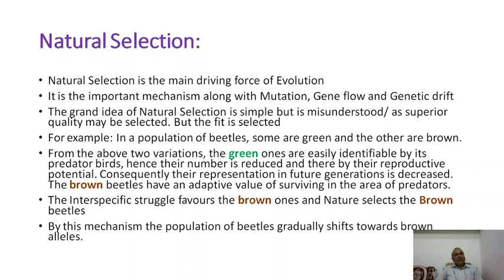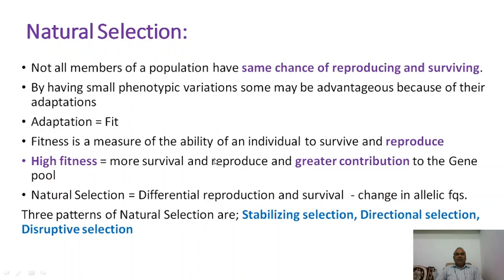Let us understand in how many different patterns natural selection can occur. According to neo-Darwinists, natural selection occurs in 3 different patterns. By the mechanism of natural selection, the population of beetles with a brown color gradually formed.